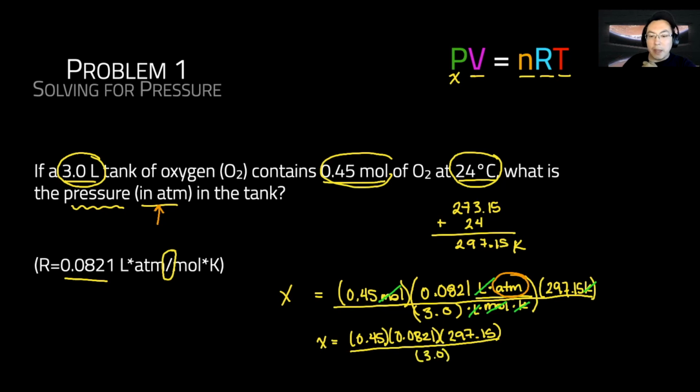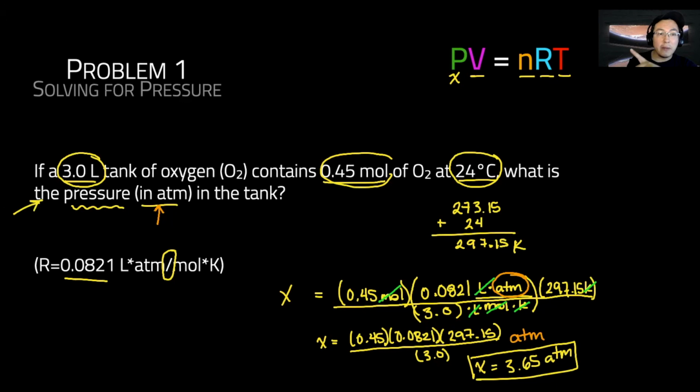And all of this at the end will have a unit of atmospheres. Once you finish the whole calculation, the multiplication and the division, you should have your final answer as 3.65 atmospheres. This is the final answer for our pressure specified in atmospheres.